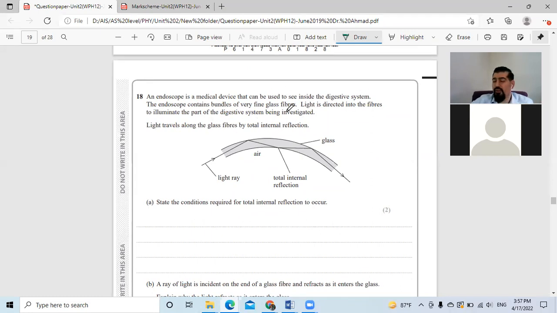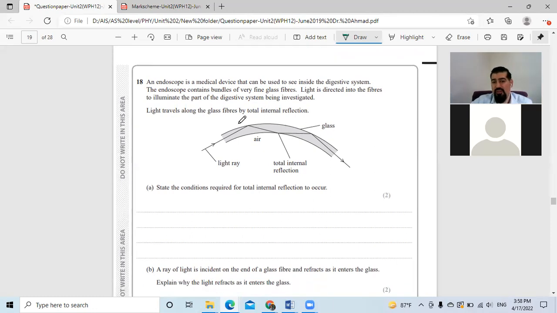These 3-4 lines give you information that you have to understand to know how the endoscope works. Every time they give you this information, that means you are now a scientist. You have to know all this information and how you are going to use it. Because we know about the endoscope since IGCSE, it's easy for us. But if they bring a new idea, it would be a little more complicated.